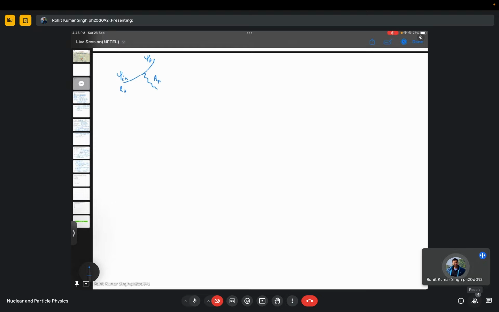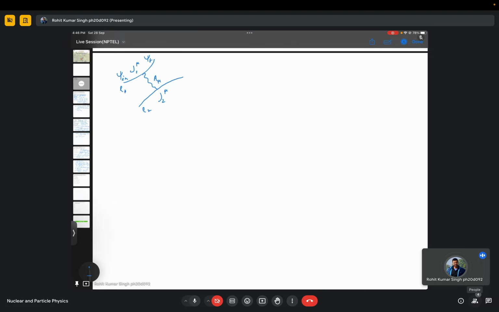Now this A mu is getting produced by another electron, and its current density is J1 mu. This electron 2 has current density J2, given as J2 mu.